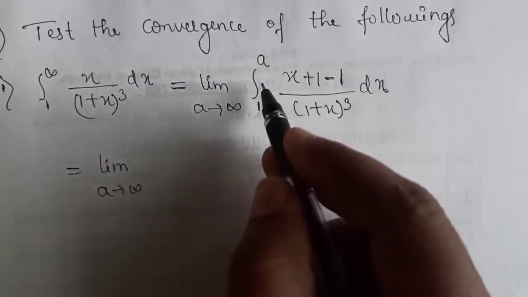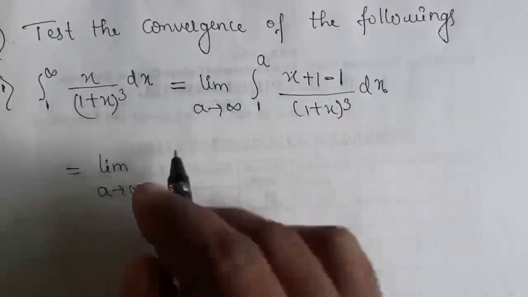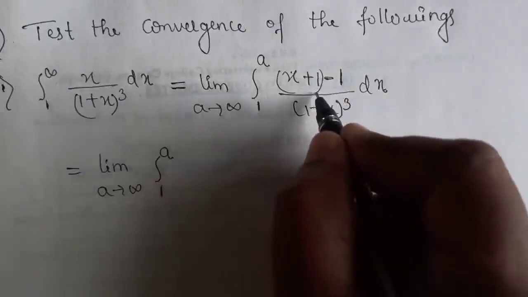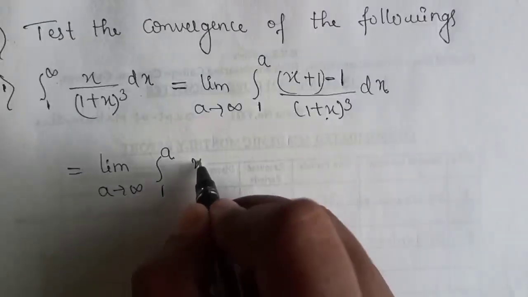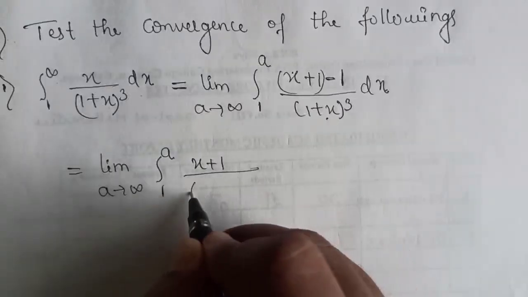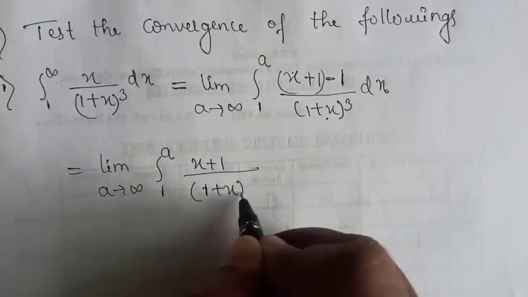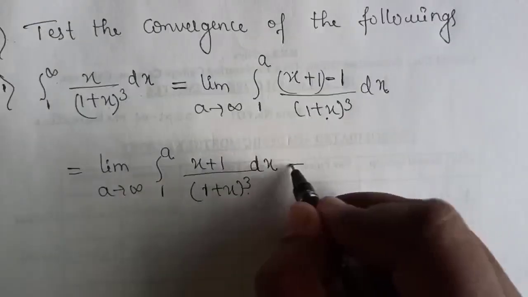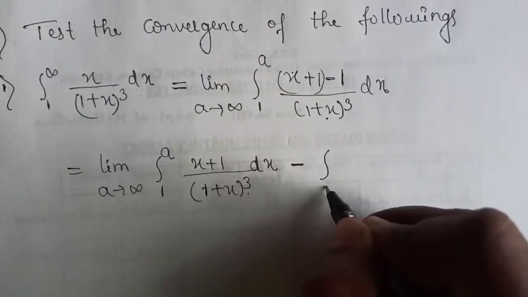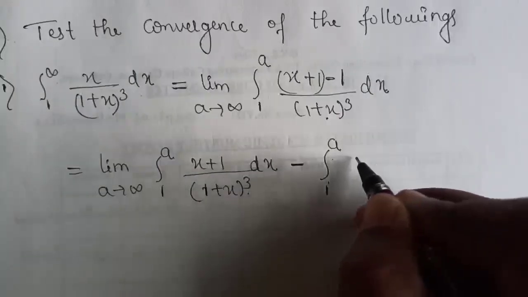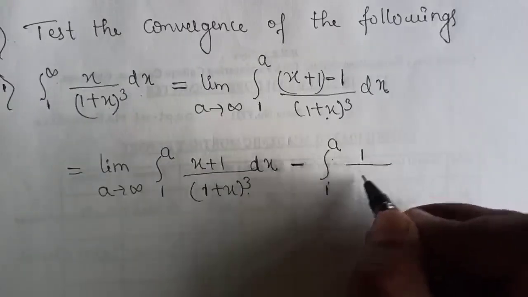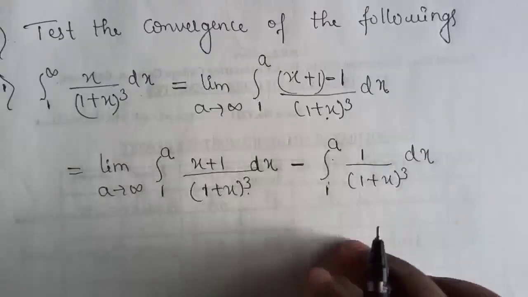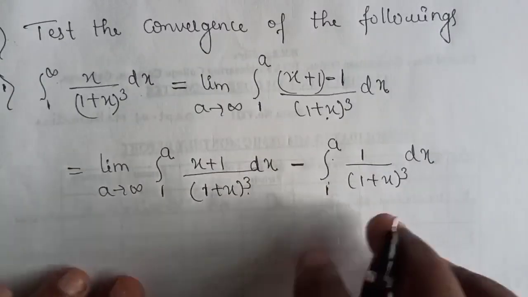We divide this integral into two integrals: integration 1 to a of (x plus 1) divided by (1 plus x) whole cube as the first integral, and minus, with the same limits 1 to a, of 1 divided by (1 plus x) whole cube dx. So this is the other integral.